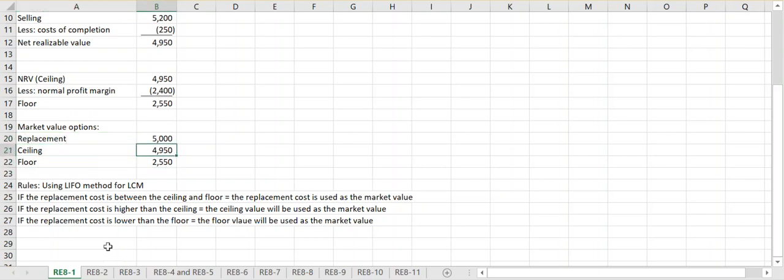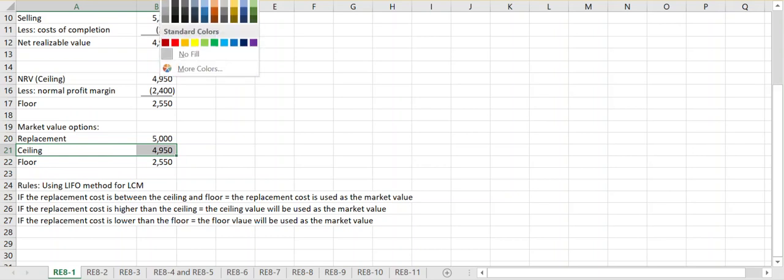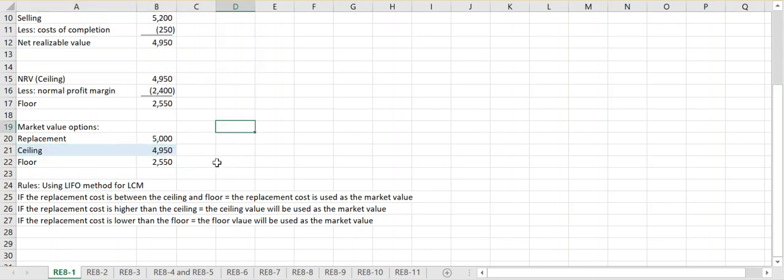We know that we can't go above our ceiling. So that means in this situation, we would assign the ceiling value, or the $4,950 value, as the market value that we're going to use to apply the LCM method. So we would take the $4,950, compare it to the cost, and whichever one is lower is what we would value our inventory at.